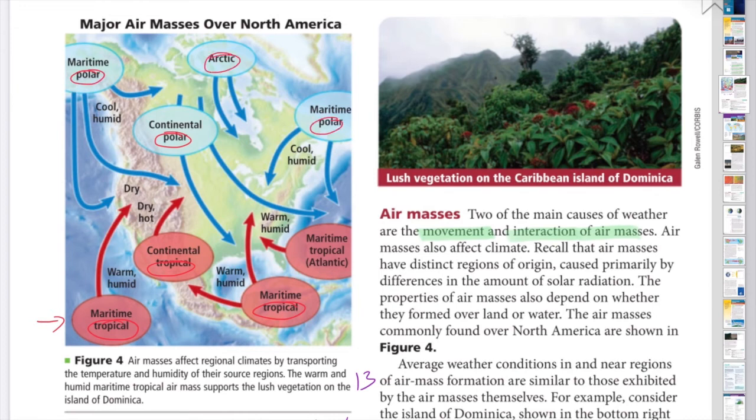So latitude determines that. If it forms over water, it's going to be maritime, and it's going to have a lot of moisture in it. If it forms over land, it's what we call continental. So continental air masses are drier air masses.